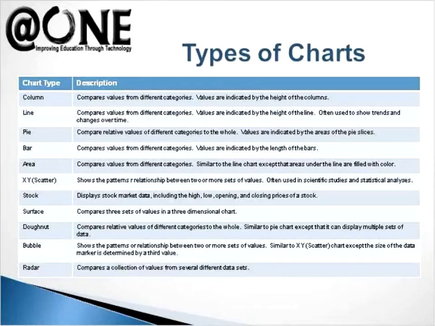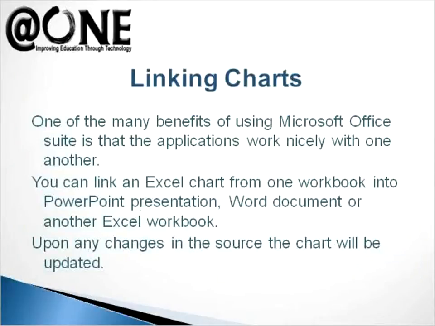Pie will compare the relative values of different categories to the whole thing. Now, pie charts are really nice, but sometimes they don't make any sense for your data, so you do need to be careful on what type of chart. So on this slide, I gave you an idea of what each type of chart should be used for. You will have access to this PowerPoint afterwards, so I don't want to go too much further into it here.